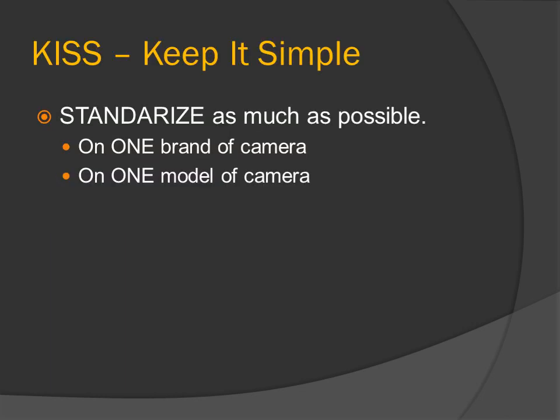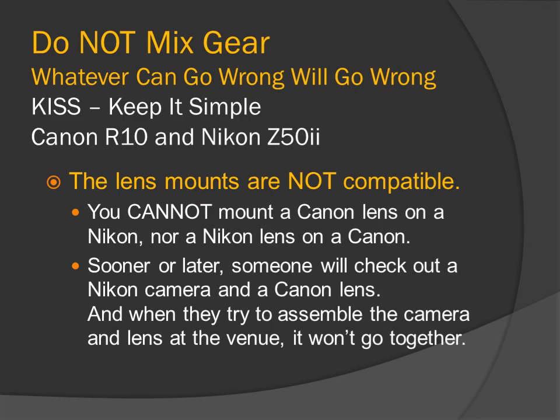KISS. Keep it simple. Standardize as much as possible on one brand of camera and, if possible, on one model of camera. Do not mix gear. If you can help it, whatever can go wrong will go wrong. For instance, you have a Canon R10 and a Nikon Z50 Mark II.